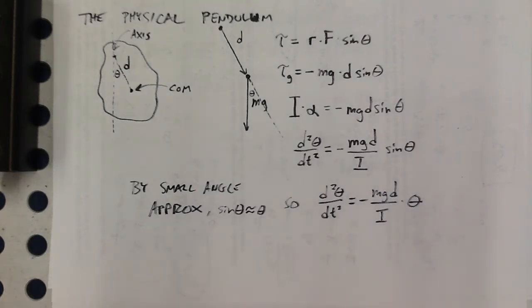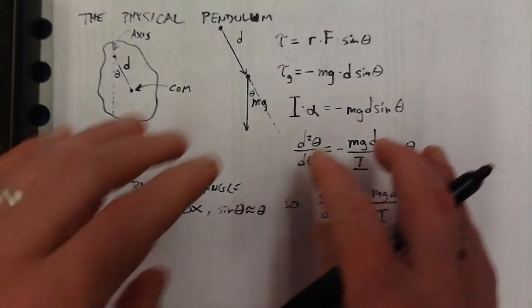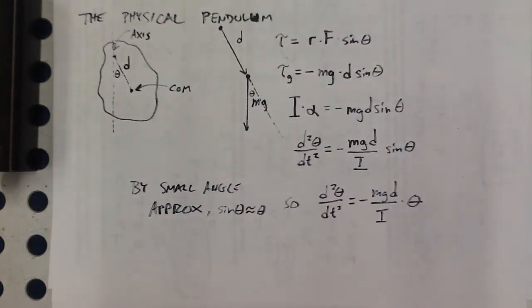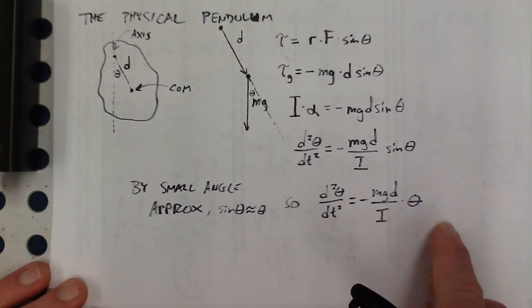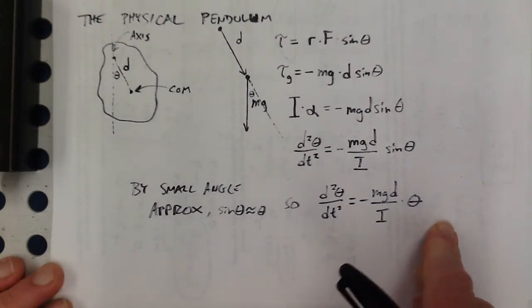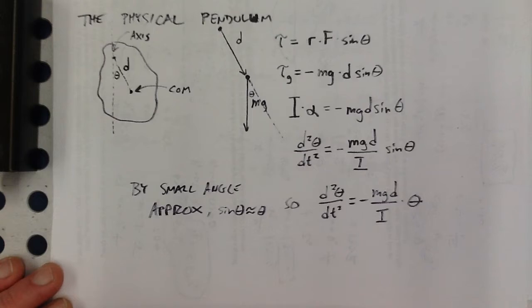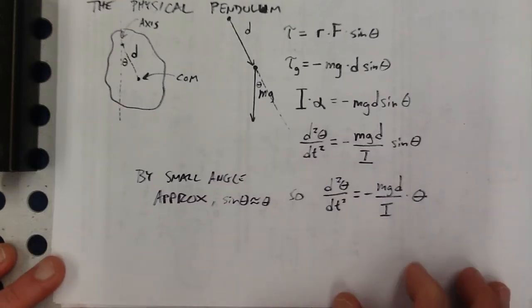Well, this is true, and I'm sorry to tell you this bad news here, that you do need to be able to do this. This is a thing kind of like deriving the acceleration of a rolling object down a ramp. This is a thing that you need to be able to do. But once you get to this point right here, where you get the differential equation, then this is what you get to do.